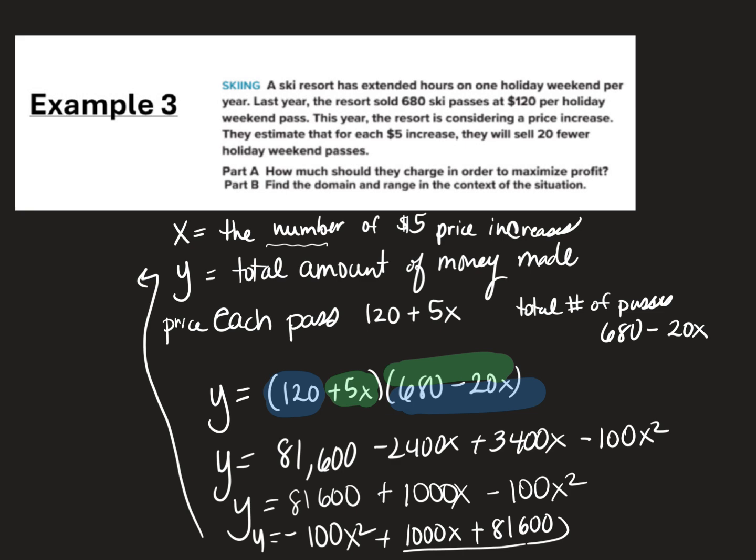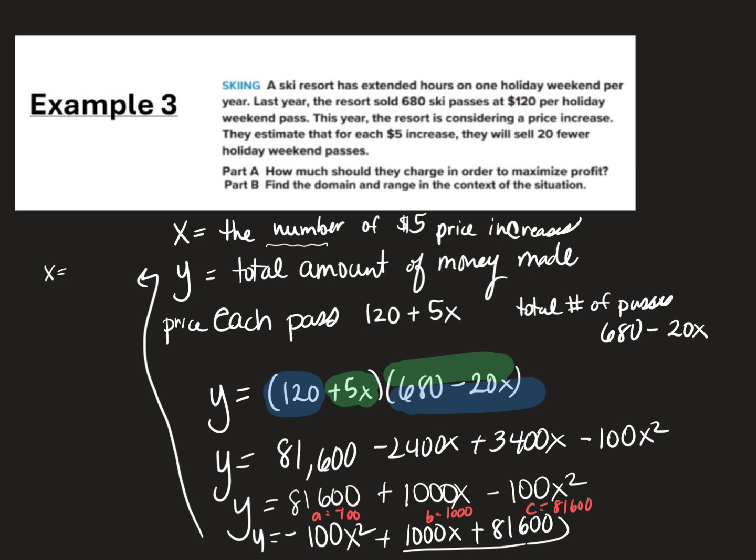So my axis of symmetry is X equals negative B over 2A. Let me grab a red pen and I'll name A, B, and C. A is negative 100, B is 1,000, and C is 81,600.